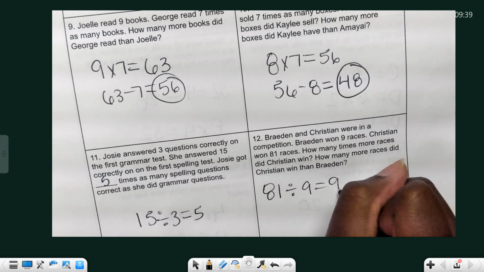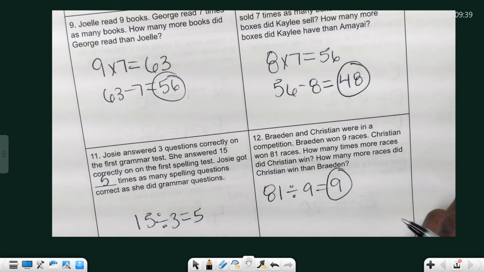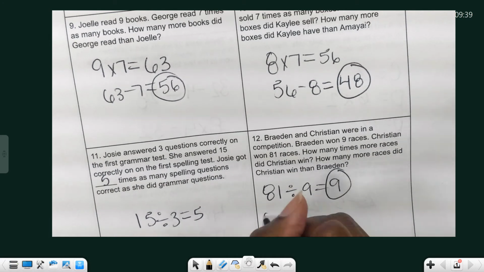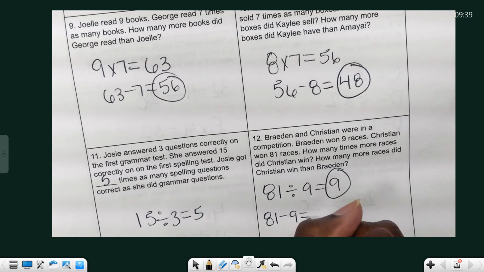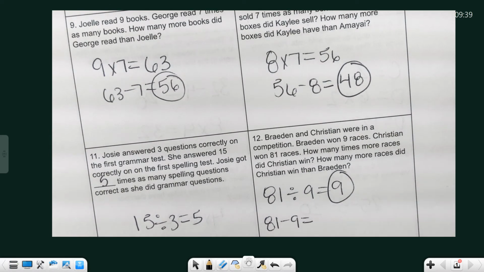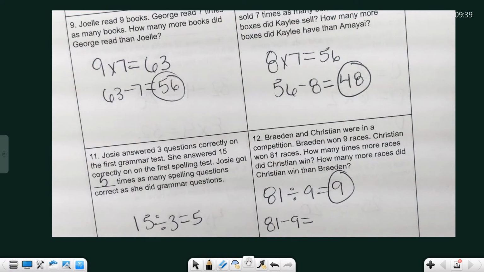Yes or no? Now, he won 9 times as many. But how many more races did Christian win than Braden? Kyleria? 81 minus 9 equals? Kanai? 72.